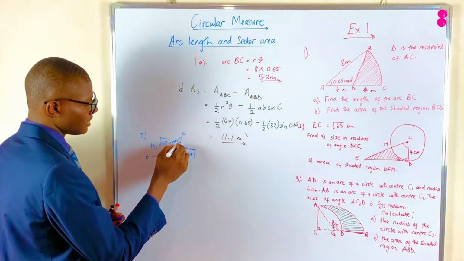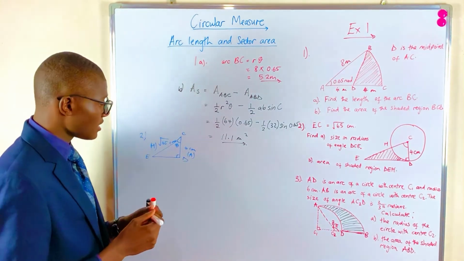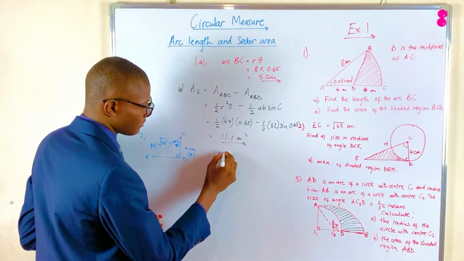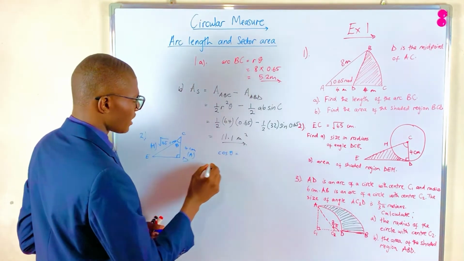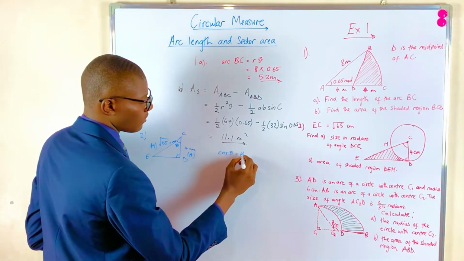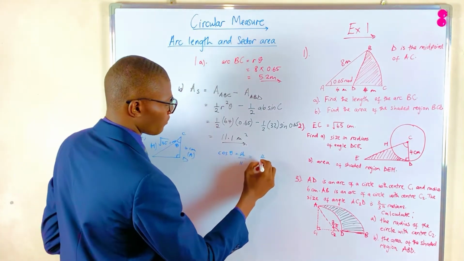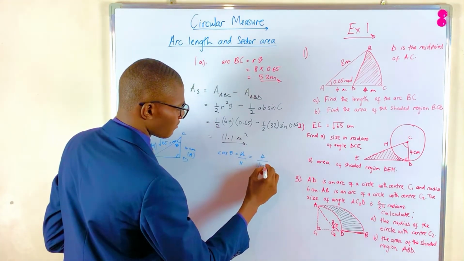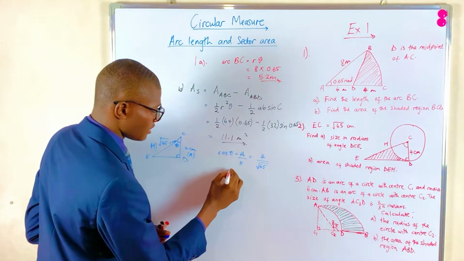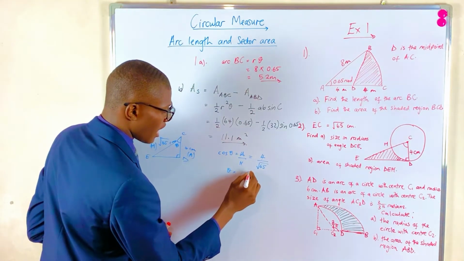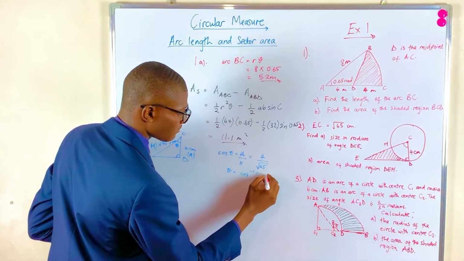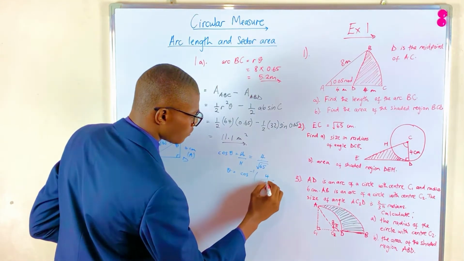Let's call this theta, right? Such that we're saying cos theta is equal to the adjacent side over the hypotenuse side, which is 4 over root of 65, and therefore theta would be arc cos, or the cos inverse of 4 over root of 65.